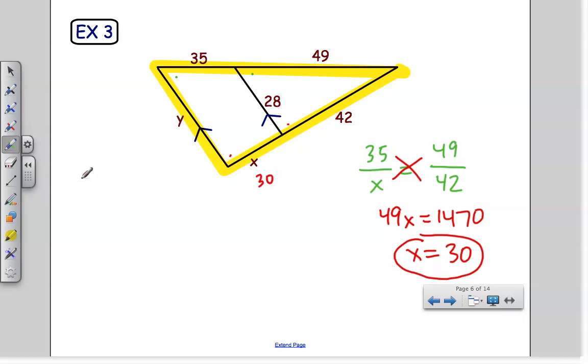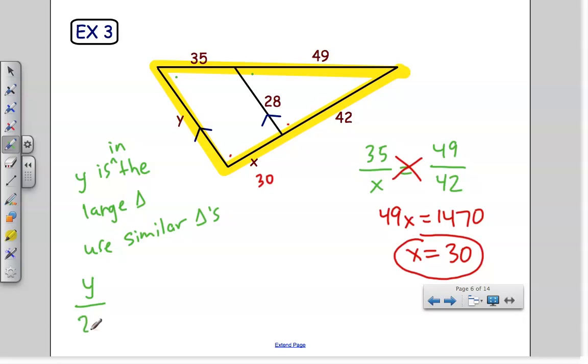But you have to be careful here, because y is in the large triangle. And I have to use similar triangles here to set up a proportion. So when I compare y to a corresponding side, obviously this side of y would correspond to 28 in the other triangle. The tricky part is what else can I pick with y?